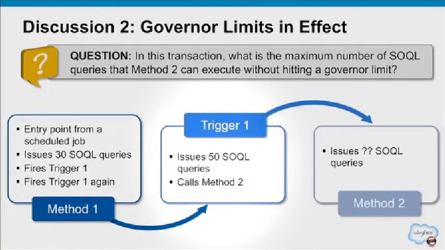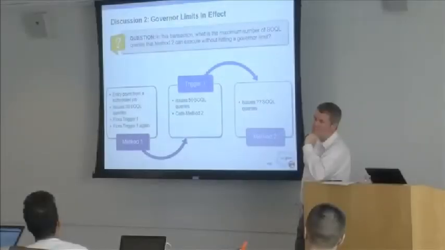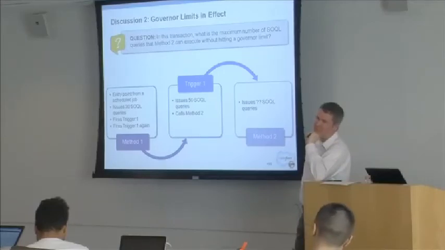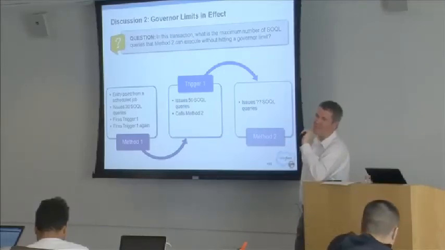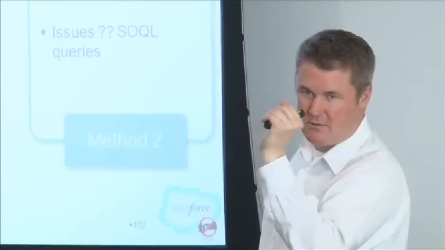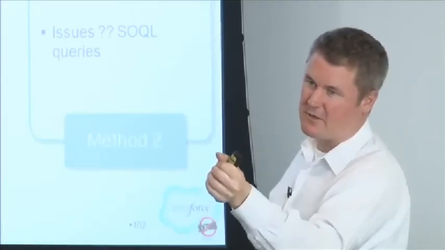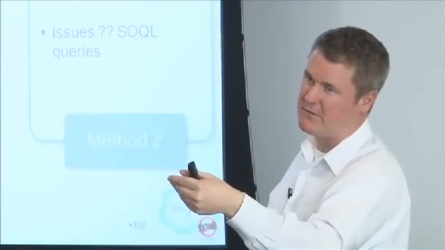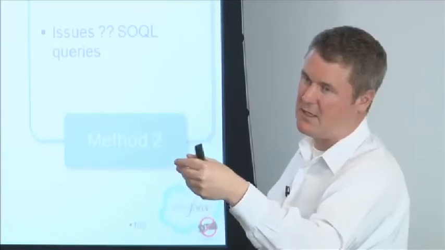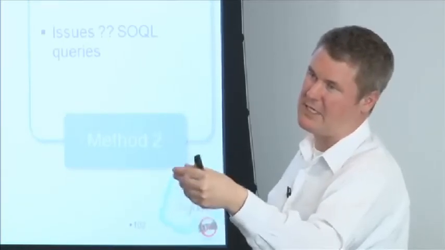So this trigger over here gets executed twice, and then over here, how many SOQL queries can we execute? Minus 30. Exactly. So we have a problem. So 30 plus 2 times 50 is 130, okay? A separate firing of our trigger is going to execute those 50 SOQL queries twice. So now we have an issue.